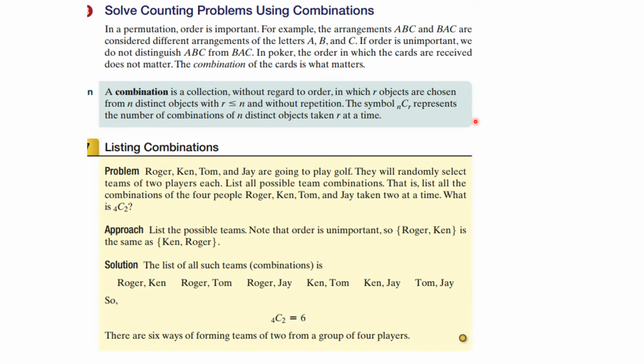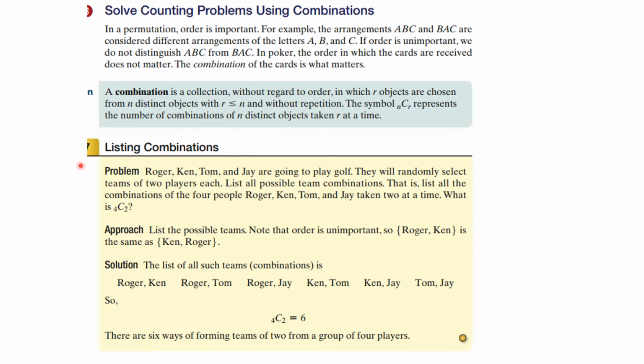So the thing that you're relaxing here is that order doesn't matter, and we use the symbol nCr to represent the number of combinations of n distinct objects taken r at a time. Whenever I lecture on this, I also often call this n choose r, because this represents the number of ways you can choose r objects from n.